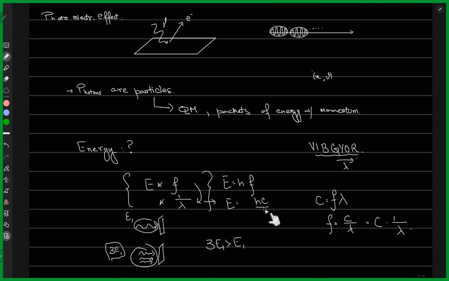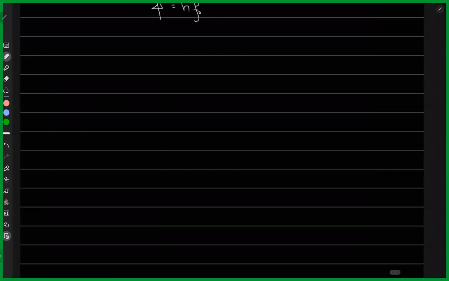Because what I did here is, in place of f, I replaced using this equation, c over lambda. So h is a constant that comes from removing the proportionality and converting it into equality, and c comes from f equals c by lambda. So this is hc by lambda. So these are the two equations that we have for energy of this photon.